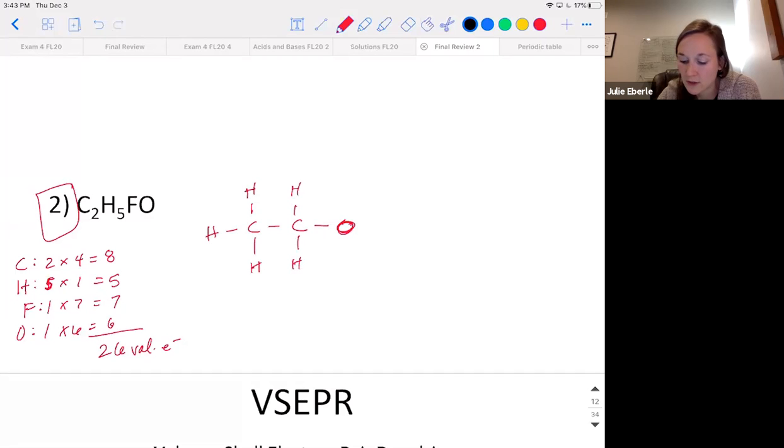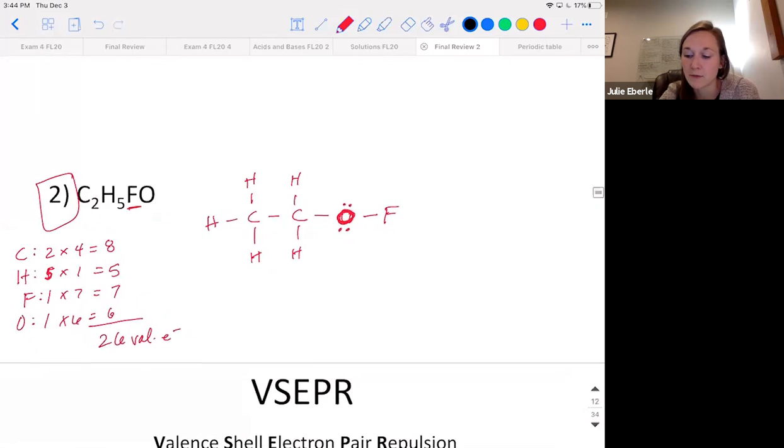So that's 5 hydrogens. So that's all my hydrogens and all my carbons. And I still need to have a fluorine in this molecule somewhere. I'm going to put it on the other side of oxygen because oxygen always needs to have 2 bonds and 2 lone pairs. And then if you count all of that, you should have 26 valence electrons in your structure. If you don't, you might be off somewhere and need to go back and recheck. Try again. All right, so that's an example with Lewis structures.